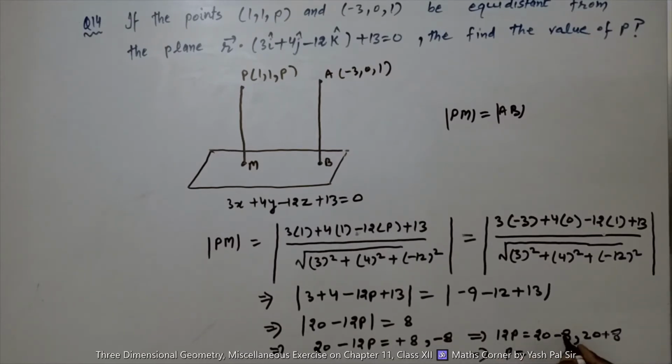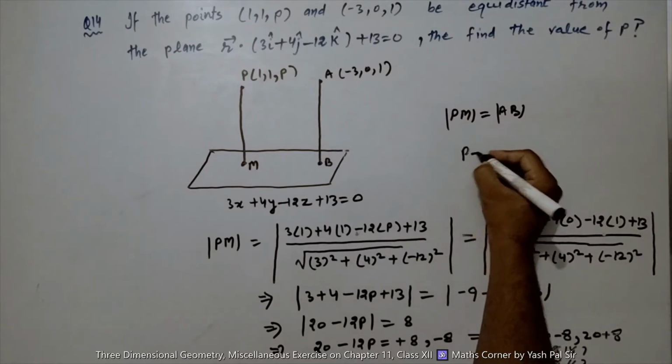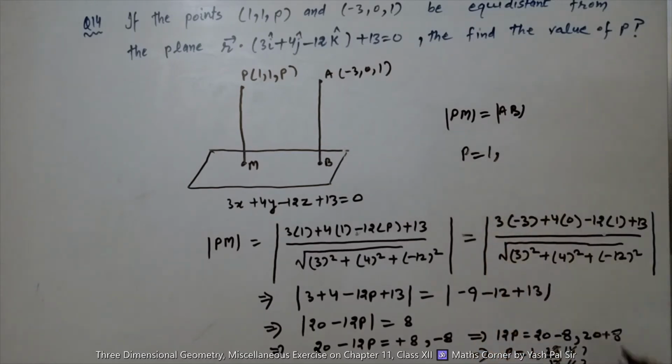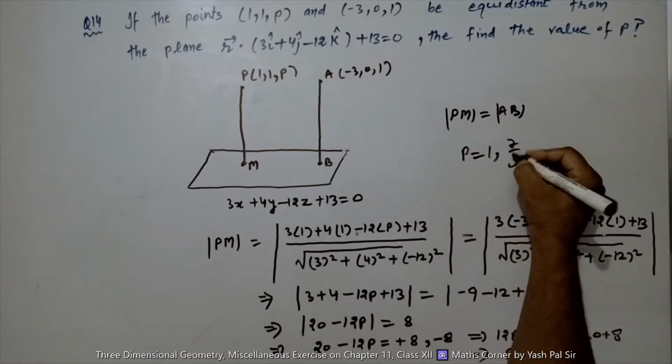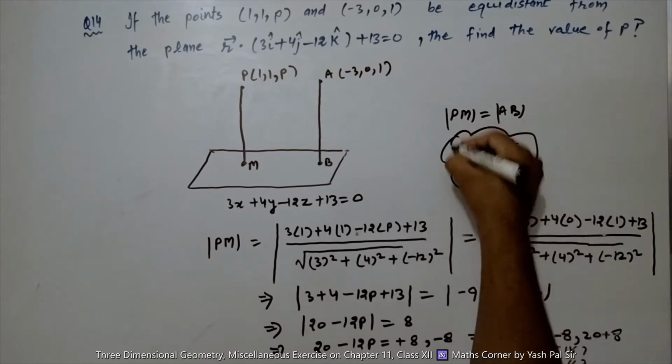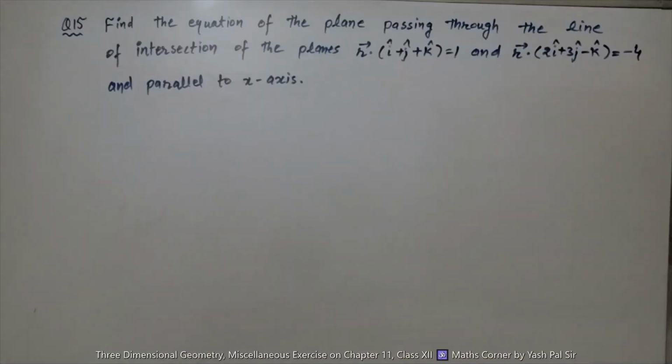That means the value of p is 12 upon 12, which is 1, or 28 upon 12, which is 7 upon 3. So the p value is either 1 or 7 upon 3.